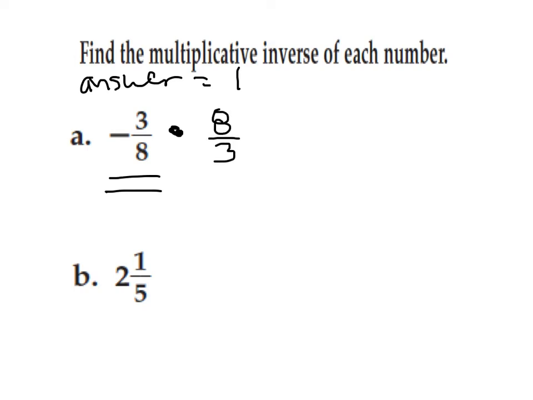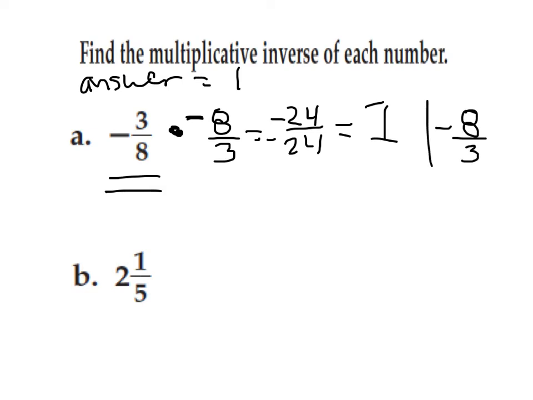In order to maintain a positive answer, I need two negatives, so this new fraction becomes a negative. Let me check it out. Negative 24 over negative 24, that is 1. So the multiplicative inverse for problem number A is negative 8 over 3.